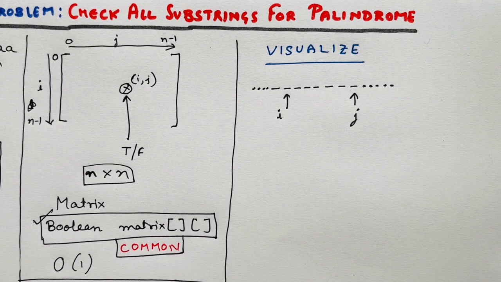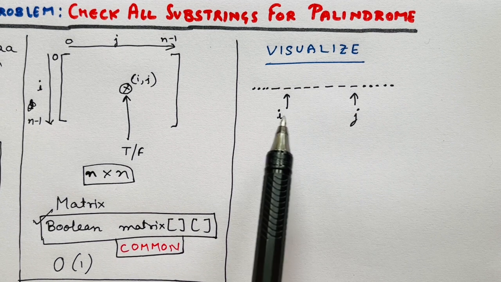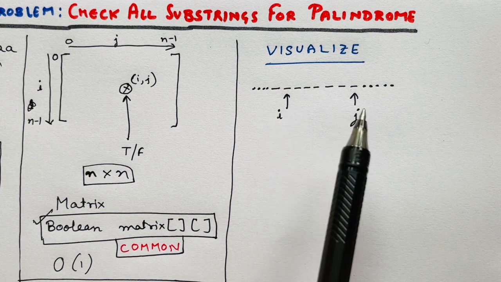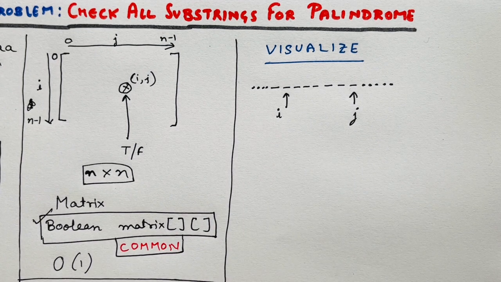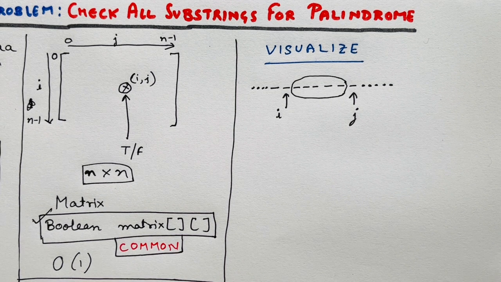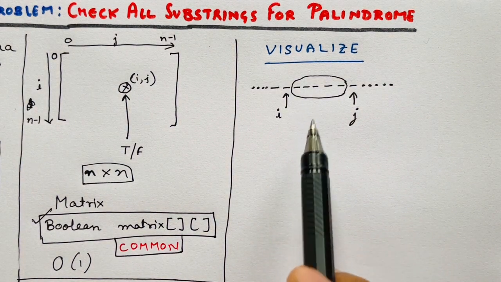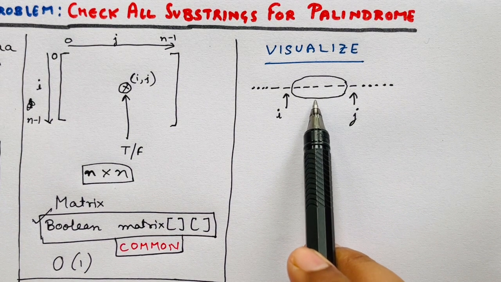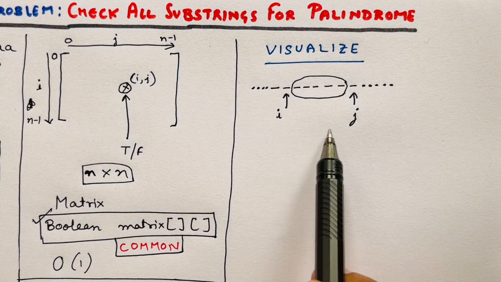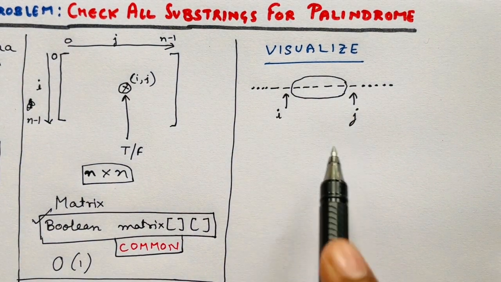Now, one way is obviously that we compare the characters at the two extremes and keep comparing them as we move the pointers ahead. But I want to see if I can make use of the solutions of the previous smaller problems. So let's say if somebody magically gives me the answer for this part of the substring, they can tell me whether this part is a palindrome or not. Then can I easily figure out whether this whole is a palindrome or not?